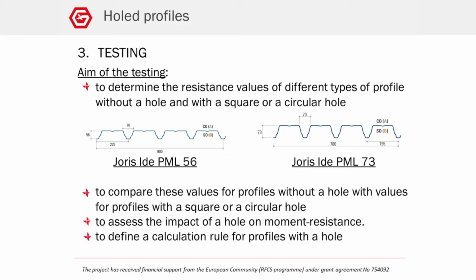The second aim was to compare the values obtained for profiles without a hole with values for those with a square hole and for those with a circular hole. The third aim was to assess the impact of a hole on the moment resistance of the profile. The final aim was to define a calculation method for profiles with a hole.